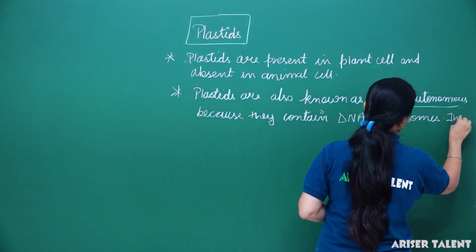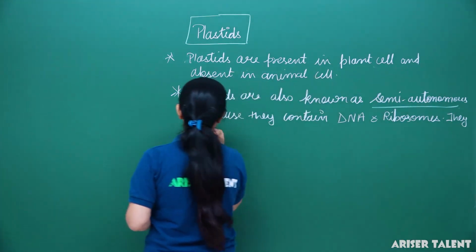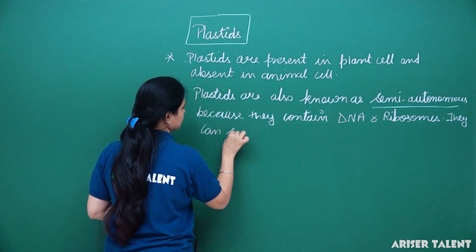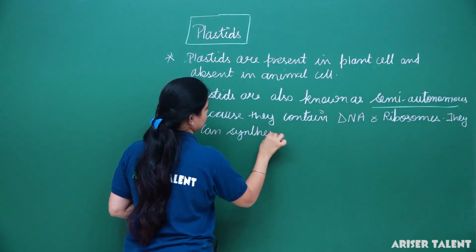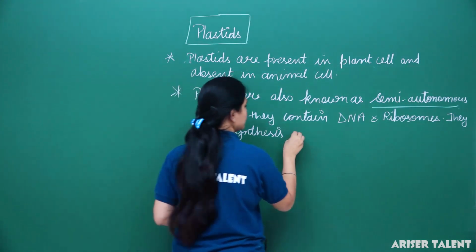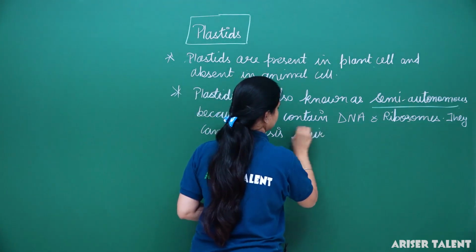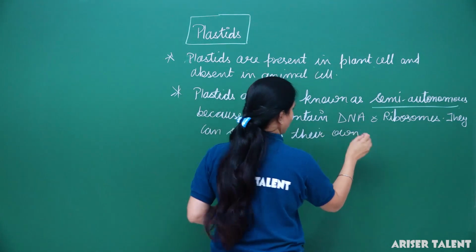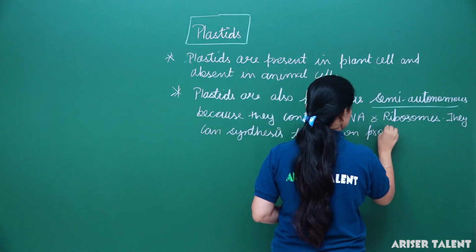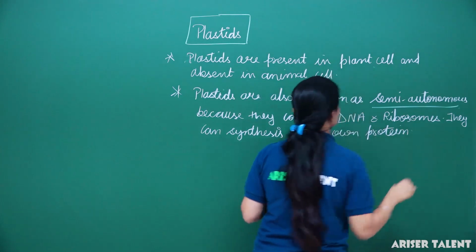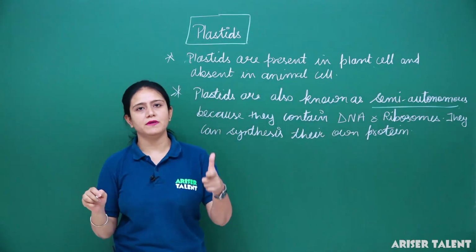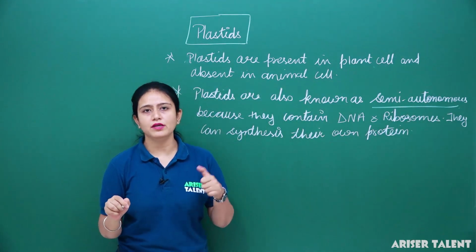They can synthesize their own protein. This is the reason that like mitochondria, plastids are also known as semi-autonomous.